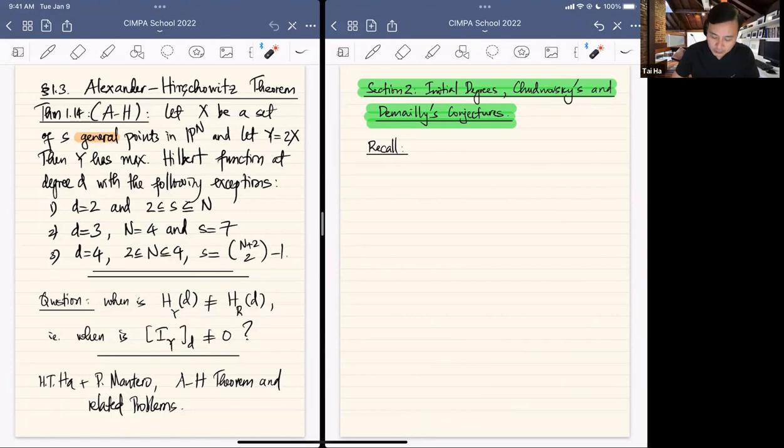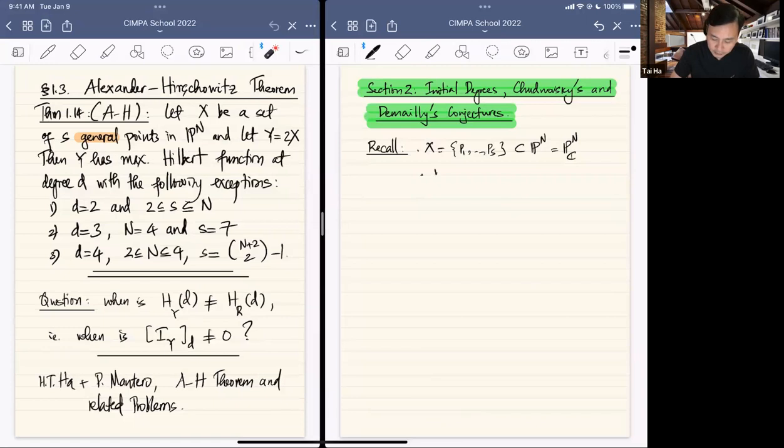Let me recall. Here I'm going to fix a set of points P1 up to PS inside my Pn, and again I'm working over the complex numbers.